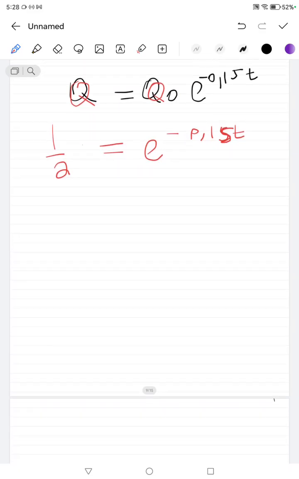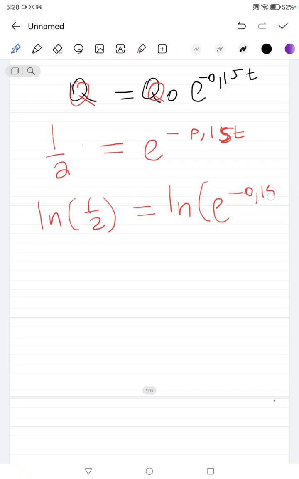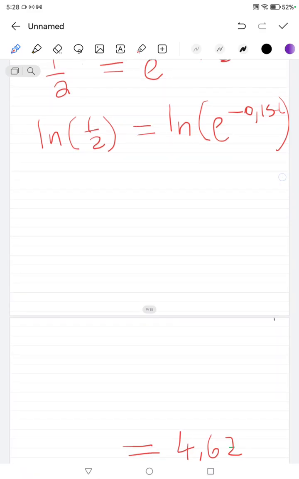Then let's just quickly write it out. I want to see if maybe they're still going to be the same or what. And this side you're going to have your ln of E to the minus 0.15 T. Then what do you have?